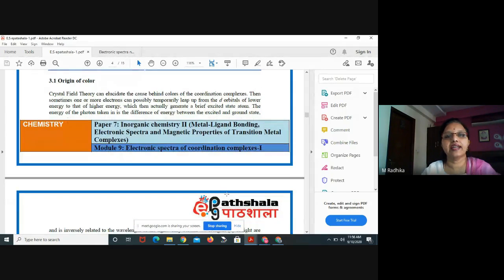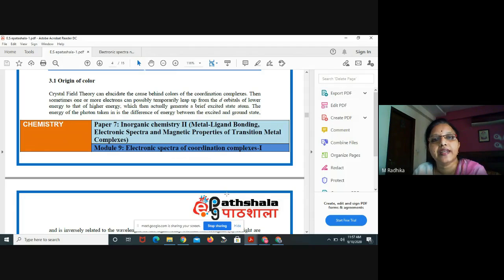Now we are saying that in the coordination complexes we are seeing the colors. We know very well that crystal field theory explains that there will be a splitting of the d orbitals. We have studied in first sem, in the bonding chapter, octahedral and tetrahedral, that d orbitals are going to split.